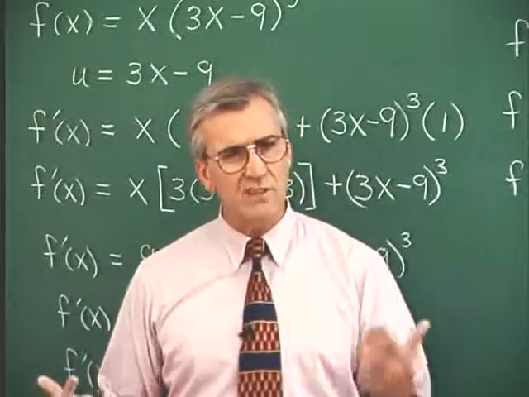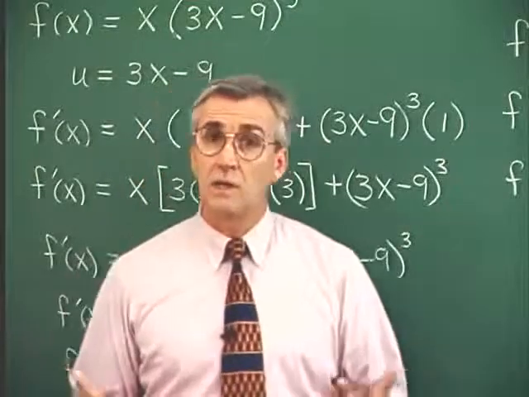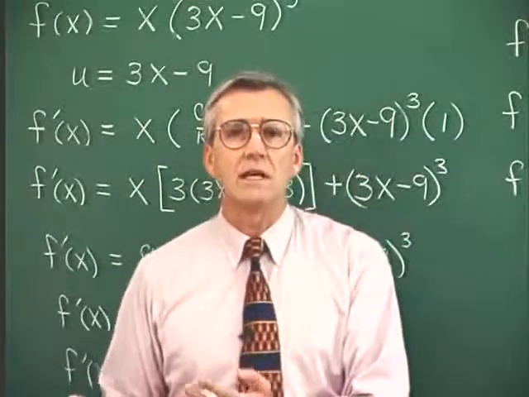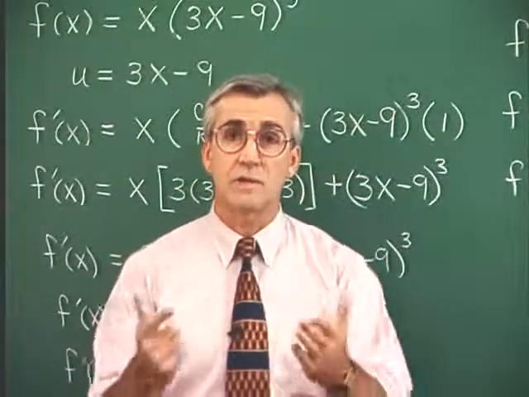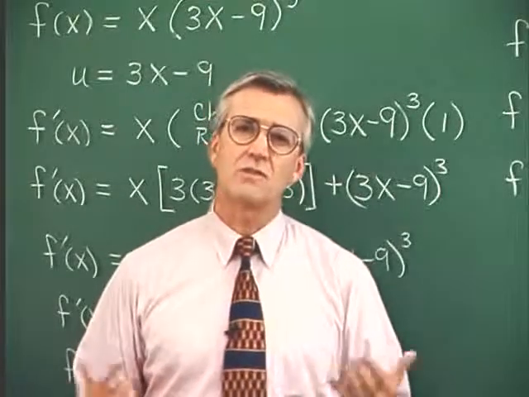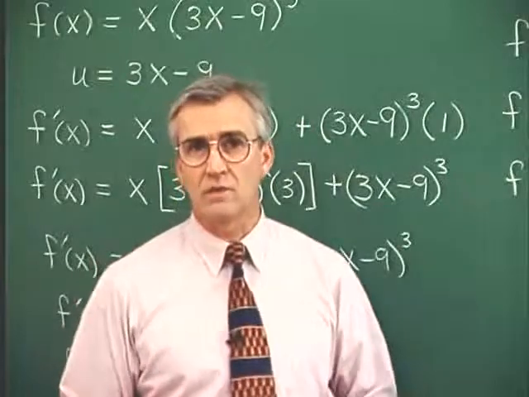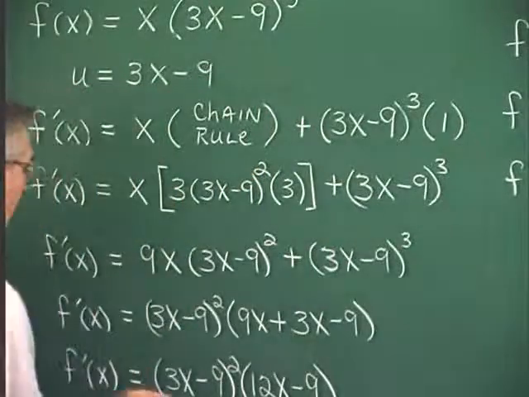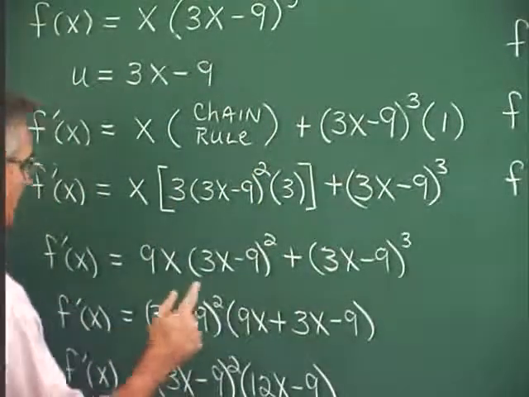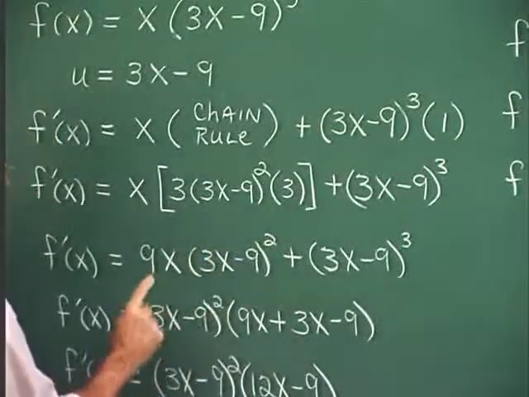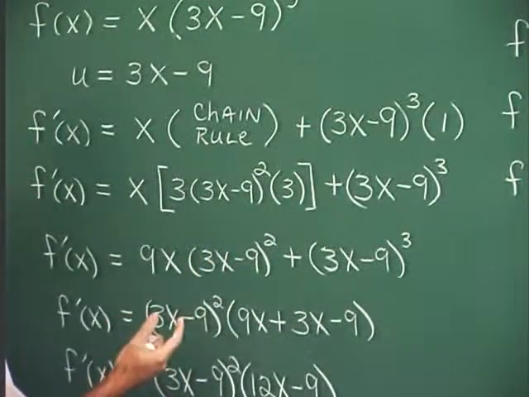And there's something that looks entirely different in the back of the book. Well, a lot of times that entirely different looking thing in the back of the book turns out to be the same thing that you got. So you're not necessarily wrong, it's just not manipulated into the same form. That's all there is to it. So let me show you a little manipulation here, and you probably know this. You can skip over this if you want to, but it's just a real fast idea.